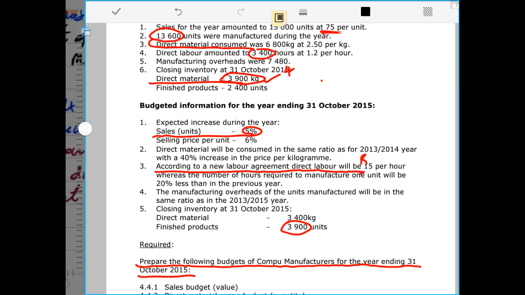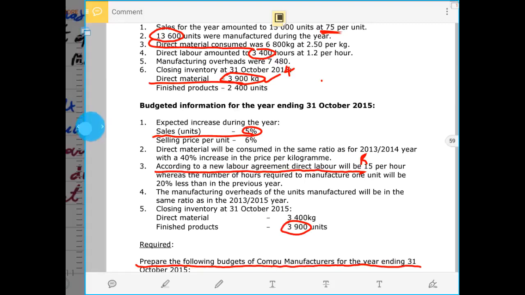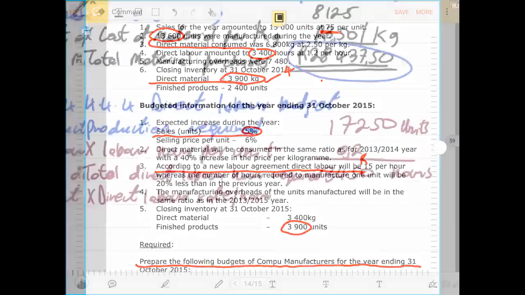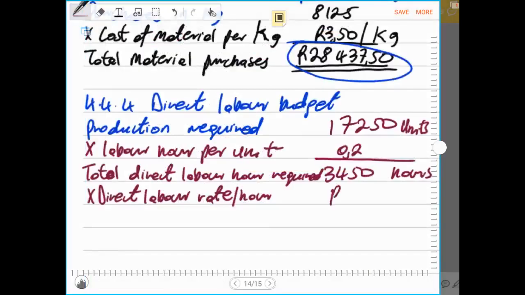So that is the 15 rand, and there was no increment. That is what was given. Then we just multiply by 15 rand per hour.